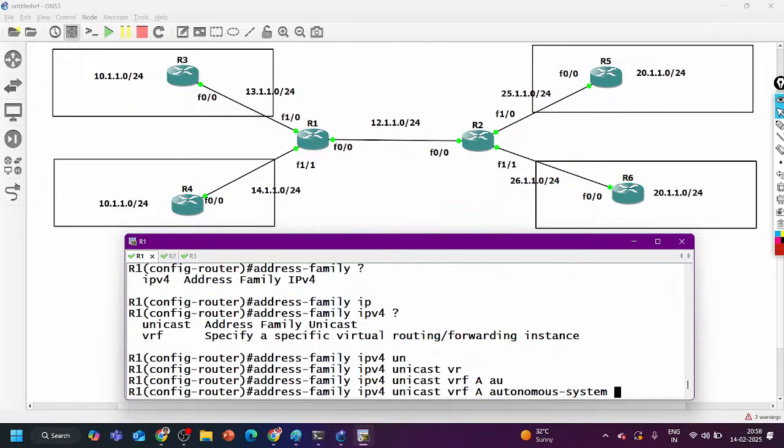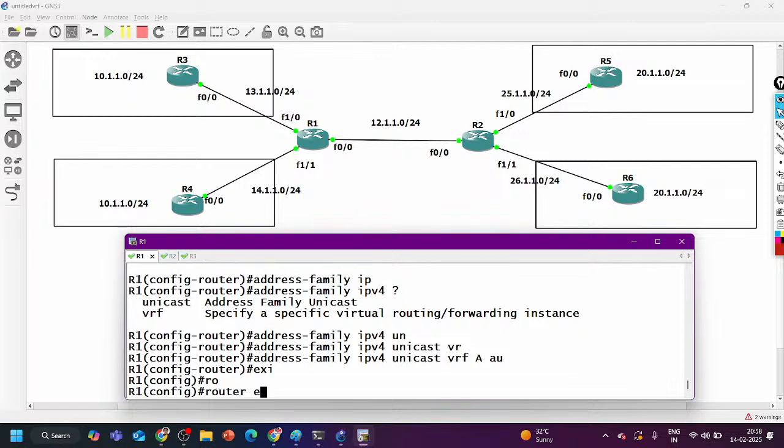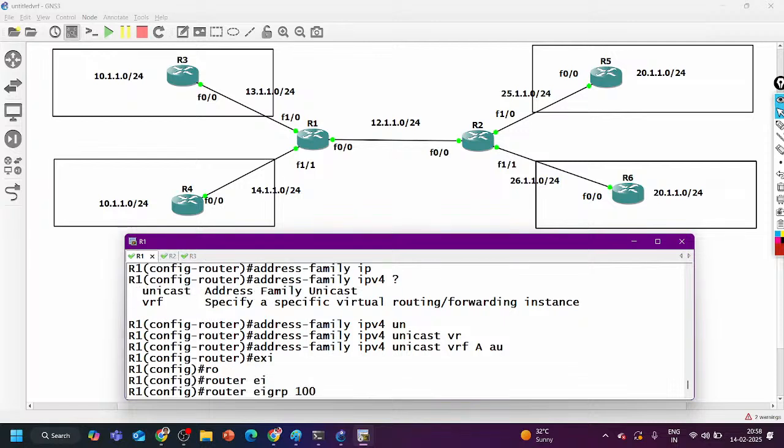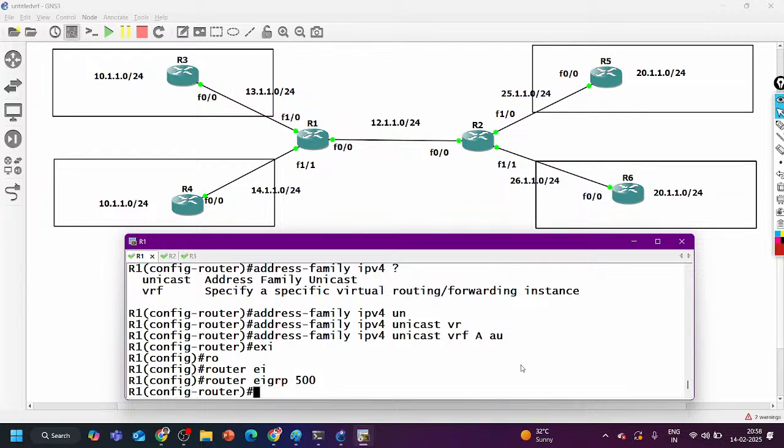Router EIGRP with AS number 100 or 500 will enable EIGRP for the IPv4 network type, not for VRFA.